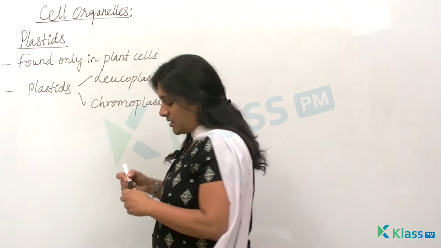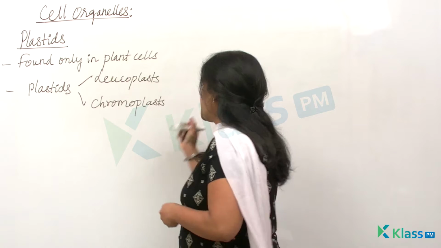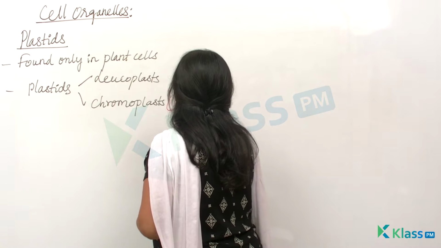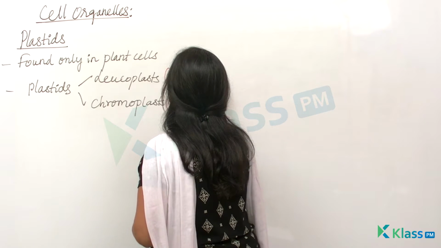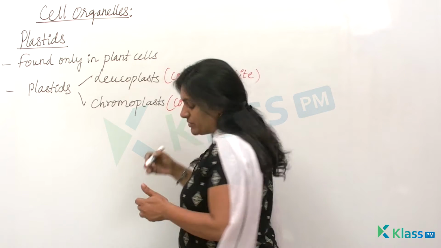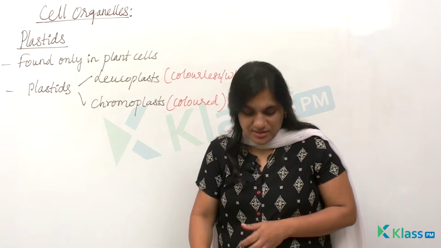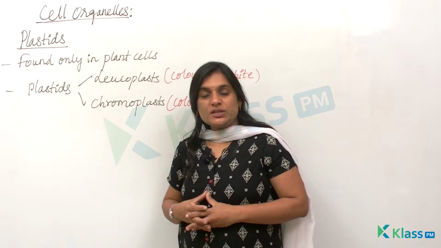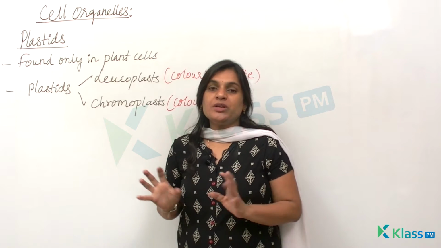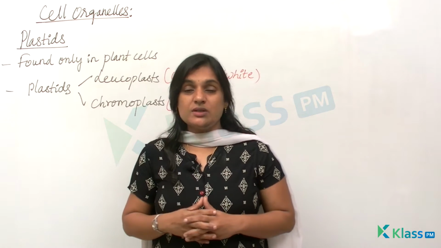These chromoplasts are colored plastids, and these leucoplasts are colorless. You can say white, we generally don't say white, but they are colorless plastids.